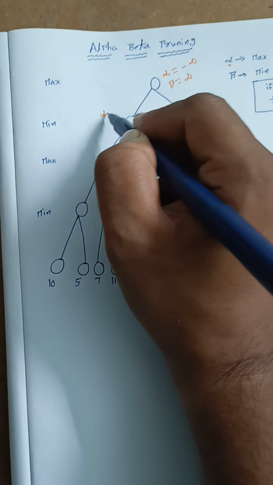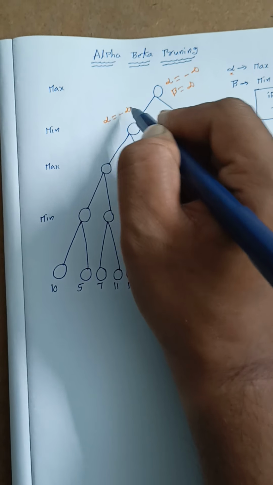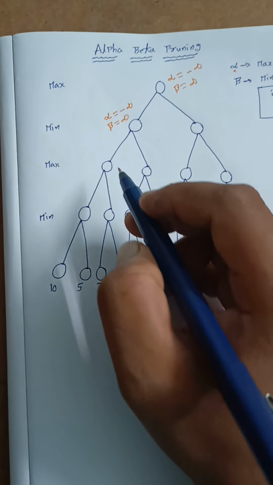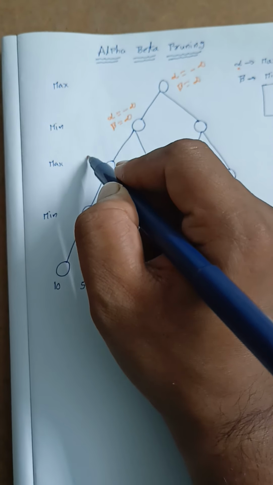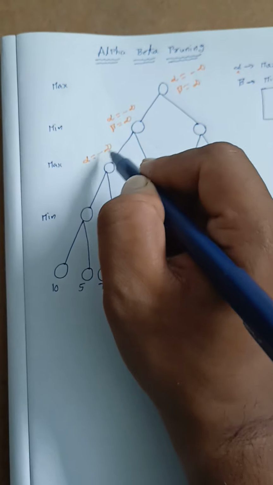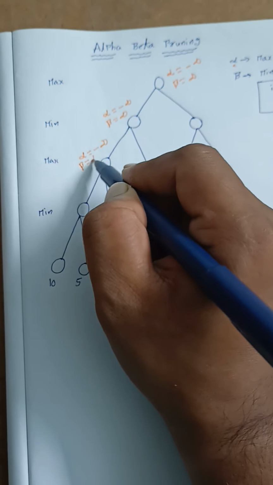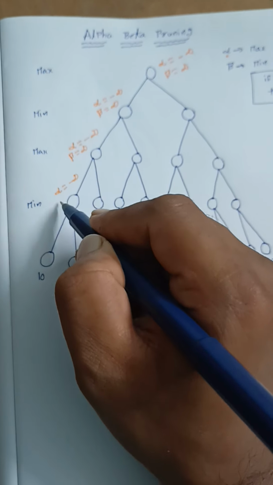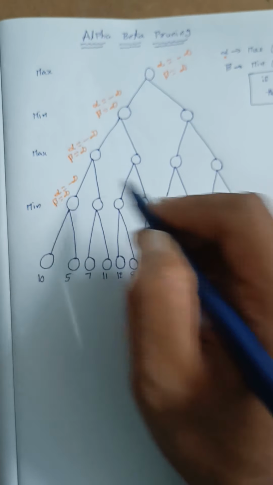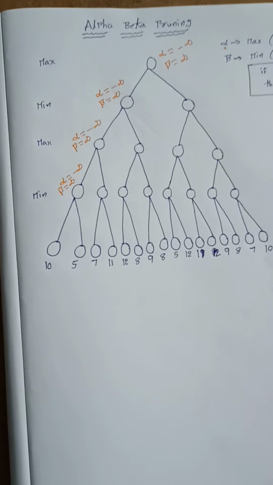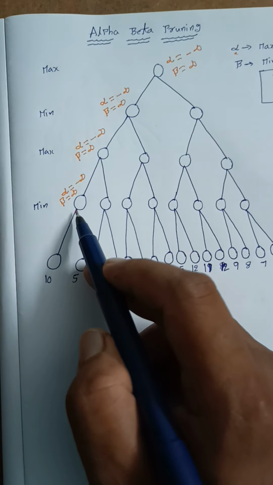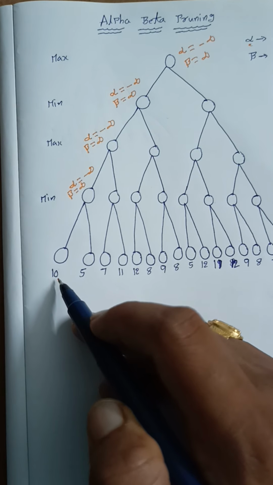Here also alpha is equal to minus infinity, beta is equal to infinity. Next we move to the left child, again alpha is minus infinity, beta is infinity, because we are applying DFS. Now we will move to the left child.